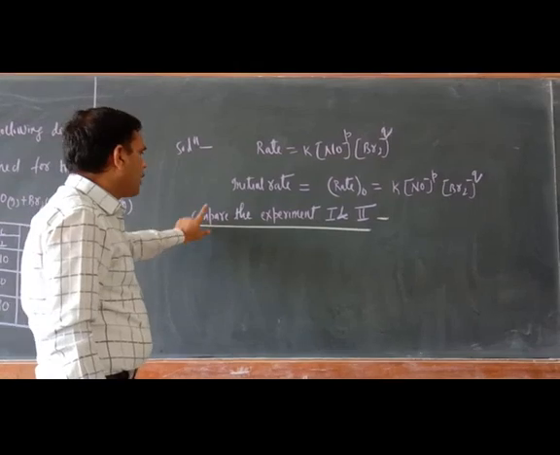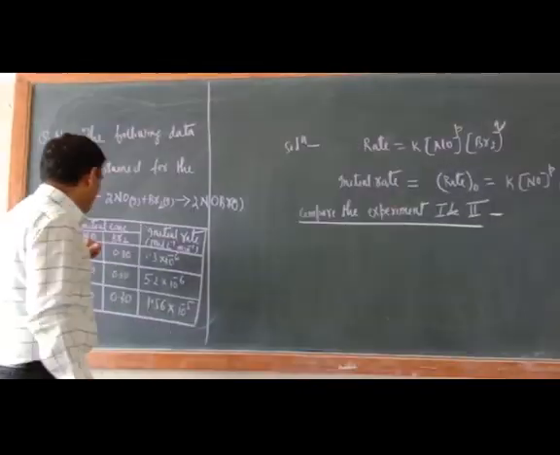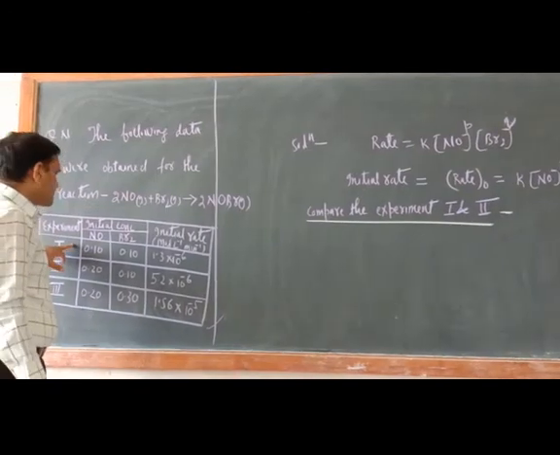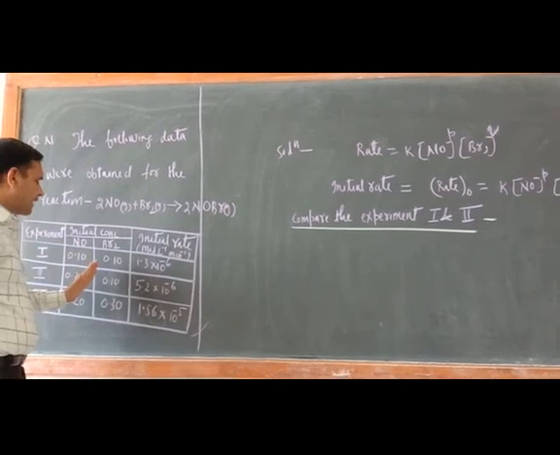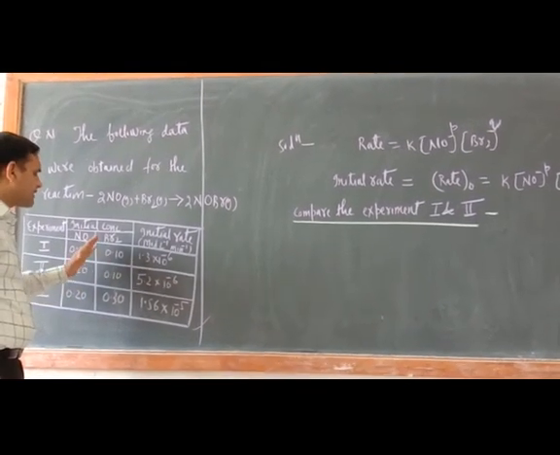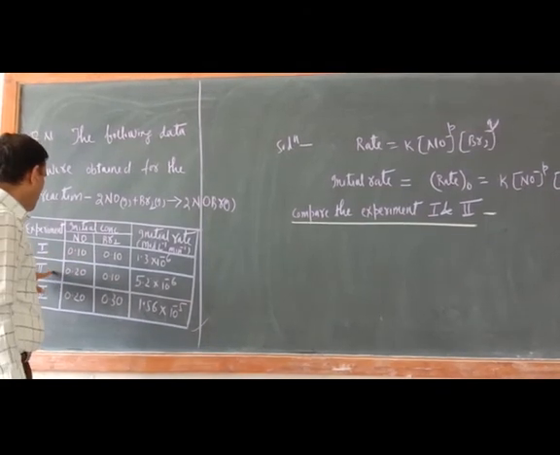Now the next step, I will make this into equation form. Compare experiment first and second. Dear cadets, remember we should compare the experiments in such a way that one of the expressions is completely cancelled out. Suppose I am comparing experiments 1 and 2.